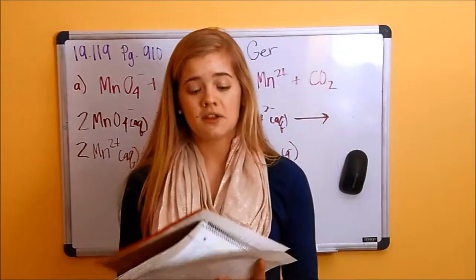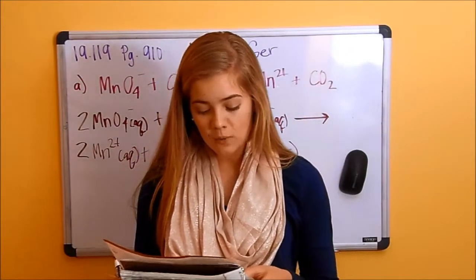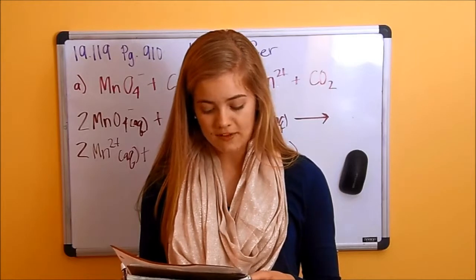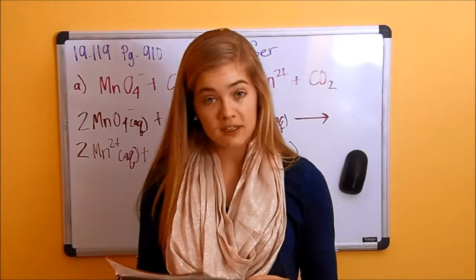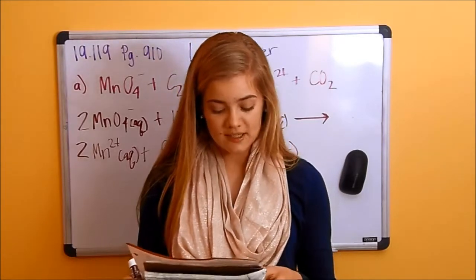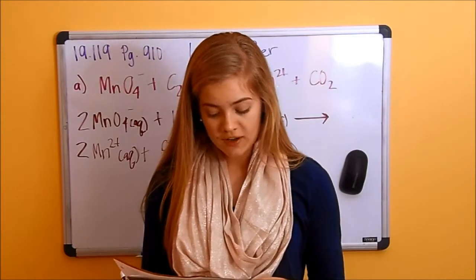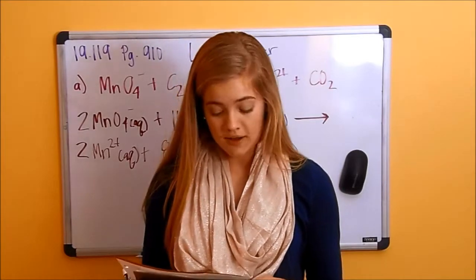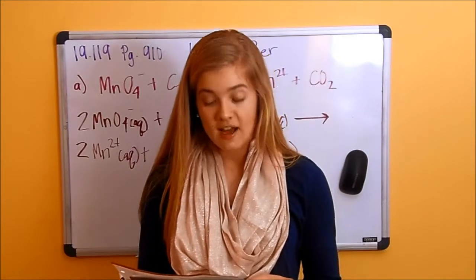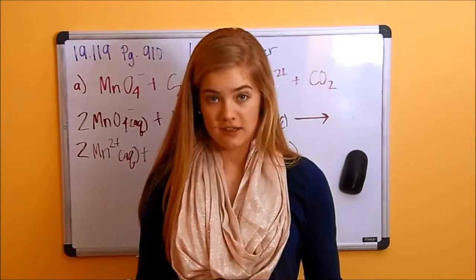Okay, so now the next part of the question asks us, if a 1.00 gram sample of plant matter requires 24 milliliters of a 0.0100 molar KMnO4 solution to reach the equivalence point, what is the percent by mass of H2C2O4 in the sample?